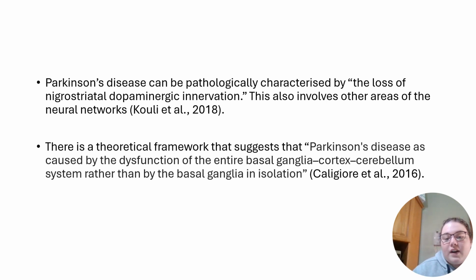There is a theoretical framework that has been researched, and this suggests that Parkinson's disease is caused by the dysfunction of the entire basal ganglia cortex and the cerebellum system rather than by the basal ganglia in isolation. It suggests that Parkinson's disease also involves the cortex and the cerebellum, not just the basal ganglia on its own.